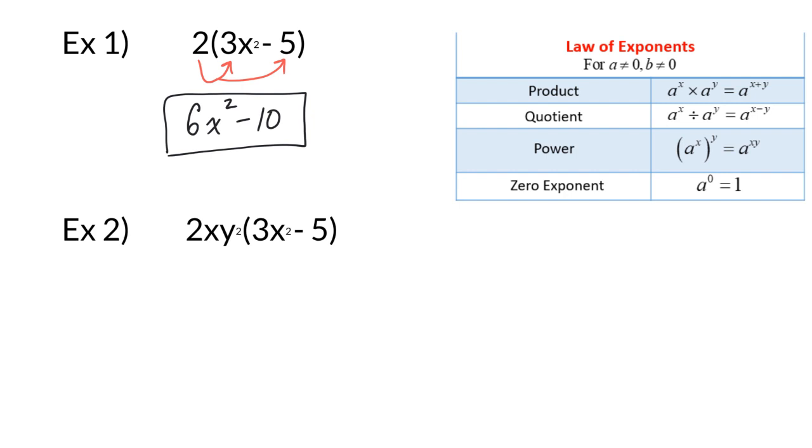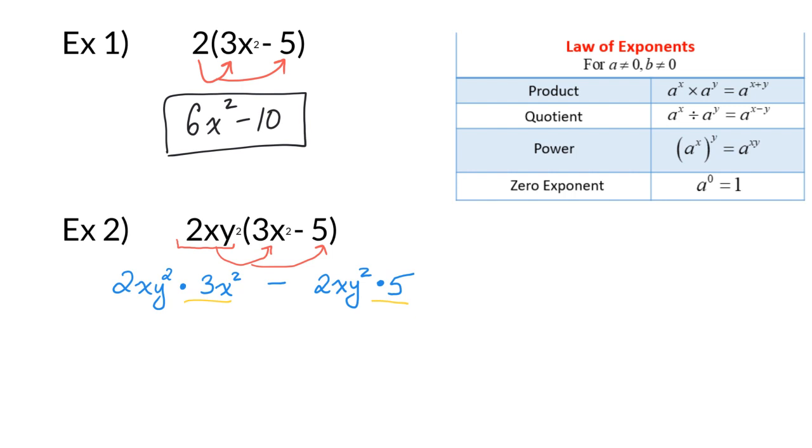In example 2, we have a monomial. Now I have a coefficient and I have variables. So when I distribute, I need to group the variables together. When I distribute a monomial times a binomial, whatever's in the front has to multiply everything inside. So this ends up being 2 monomials multiplying together.